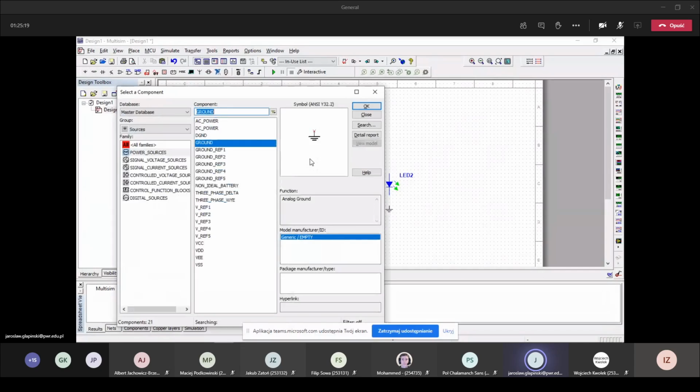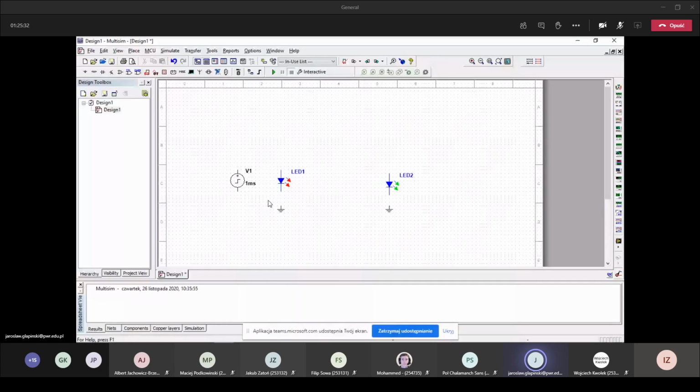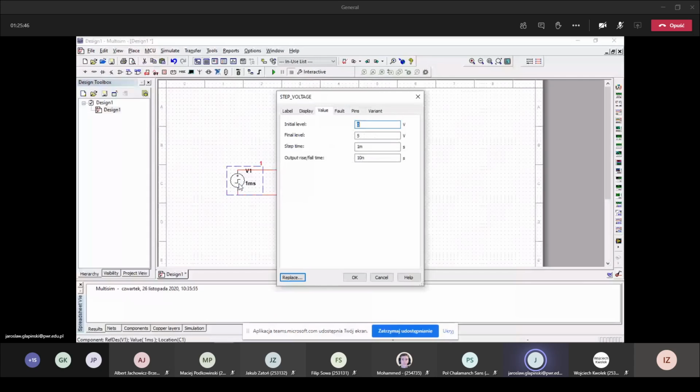So we add some source of voltage. Generally the diodes, I know, go up to 5 volts, for example.